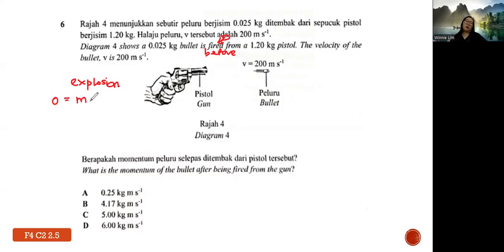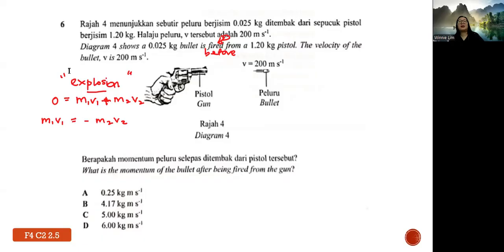And then it will be equal to the final momentum, which is m1v1 plus m2v2. And then when you rearrange the equation, you will have m1v1 equals negative m2v2. So from the concept of explosion, most of the applications are under explosion.